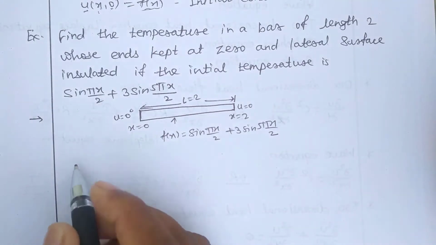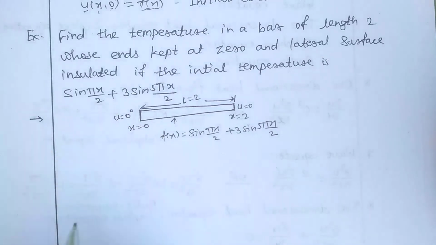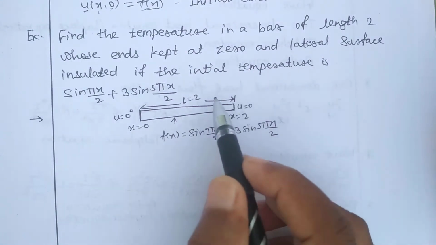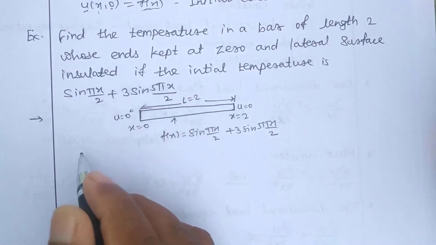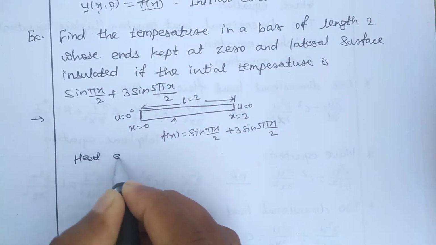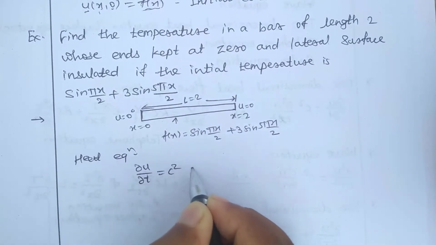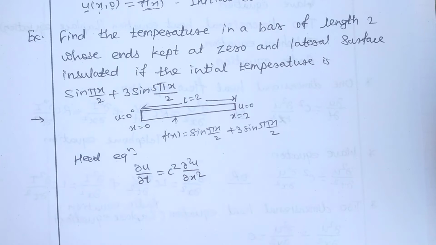By using this we have to find the temperature in the bar at any time and at any point. For that we have to use the one dimensional heat flow equation, since it is a bar, and whenever a bar is given we use the one dimensional heat equation. The heat equation is ∂u/∂t = c² ∂²u/∂x², subject to the conditions.